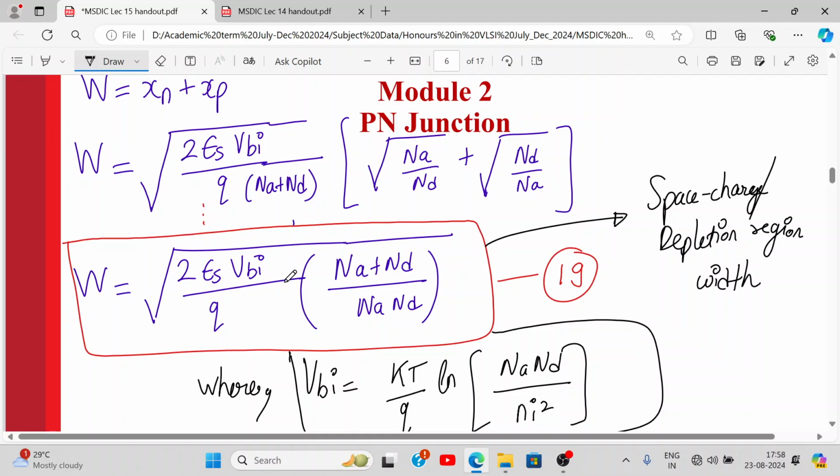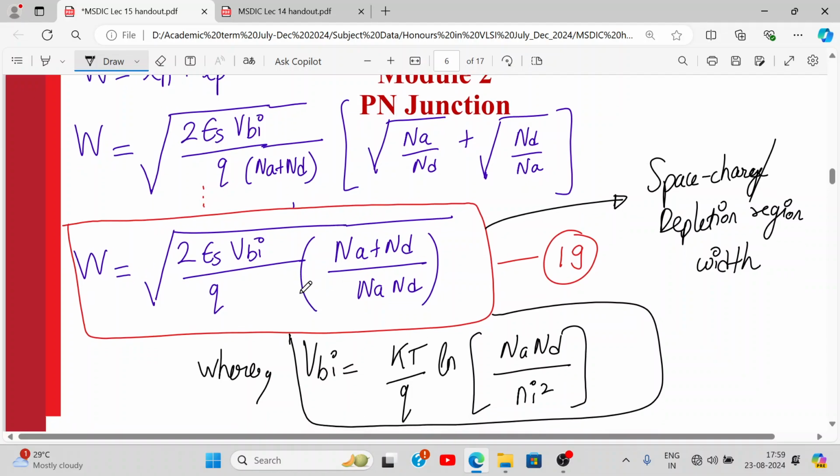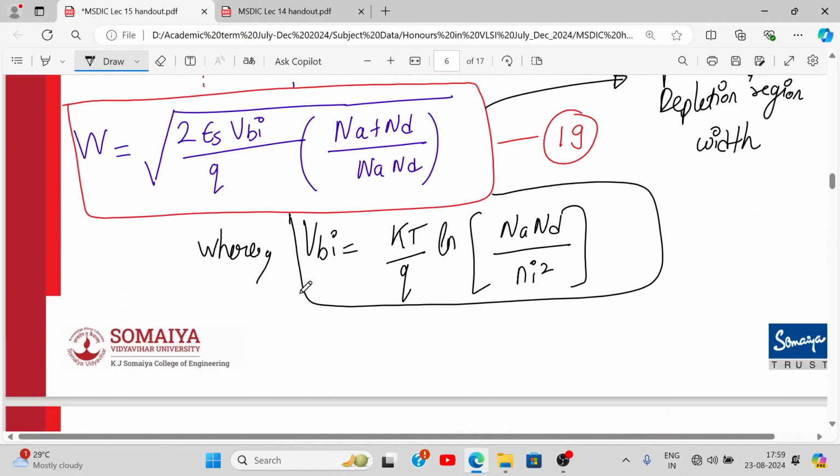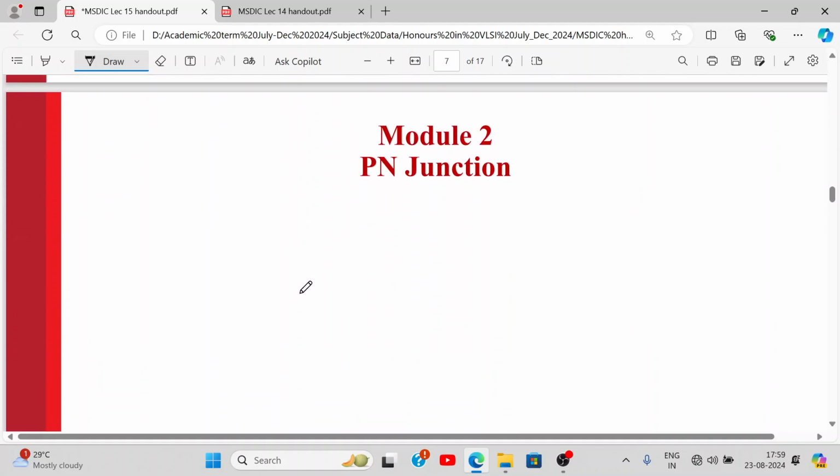You take it out and then take it in and then again take it out. If you take out square root of Na and Nd outside, it becomes Na plus Nd the whole square. When again you take it in, inside the first bracket you will get Na plus Nd again. Then you only take out 2. So I saved a few steps. Got it? Okay.